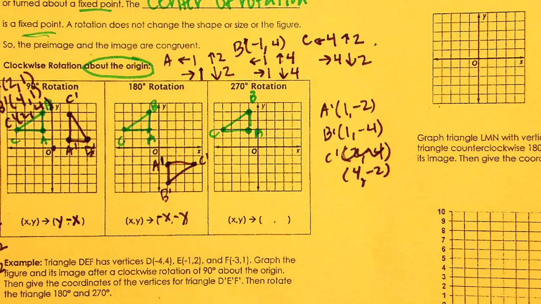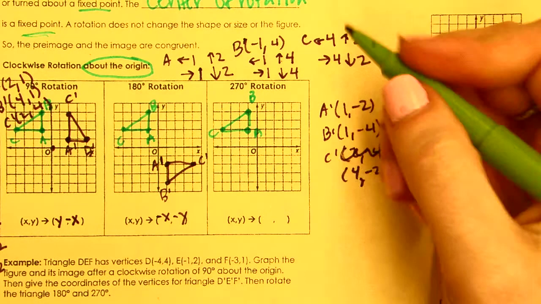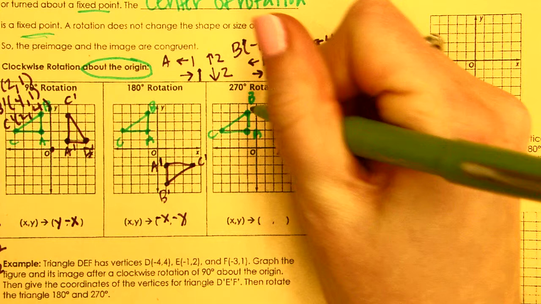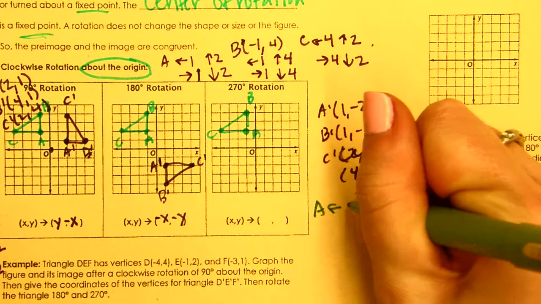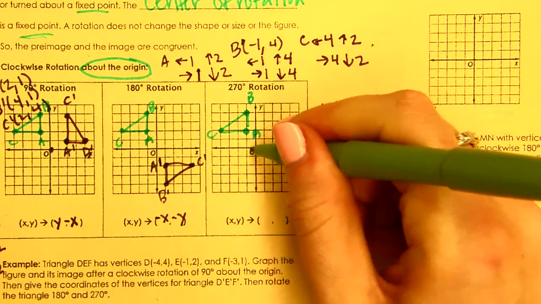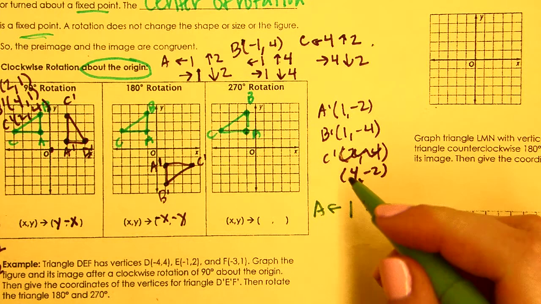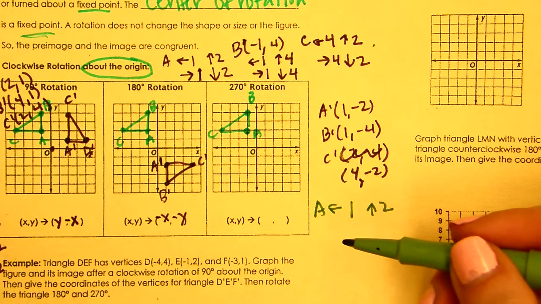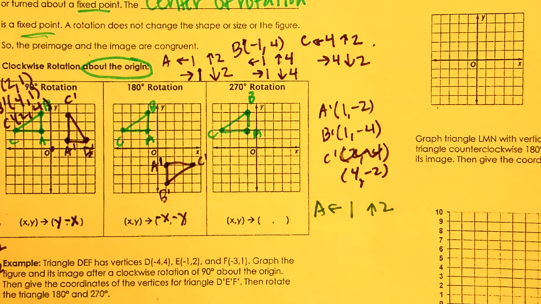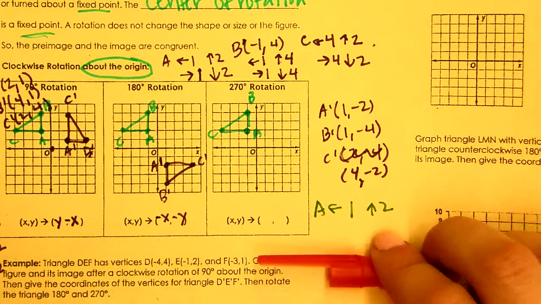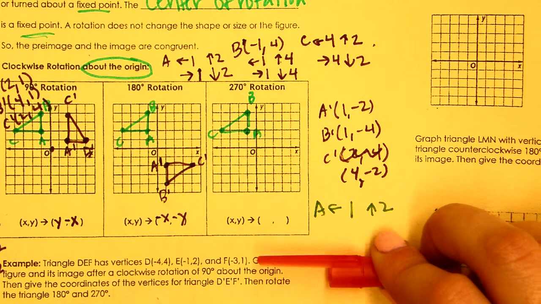So if we are doing 270 degrees, I'm going to use green this time so it's a little bit less confusing. Remember, A was to the left 1, up 2 from the origin. I'm going to go 270 degrees. So 270 from, I'm going to use the cap because that's smaller. So see how this way is pointing left? 270 degrees clockwise.